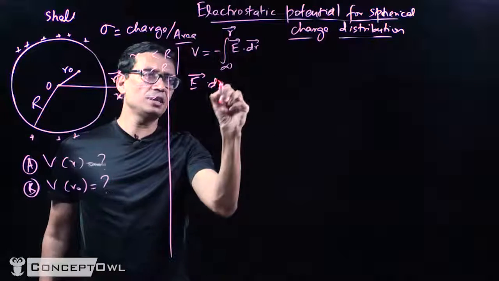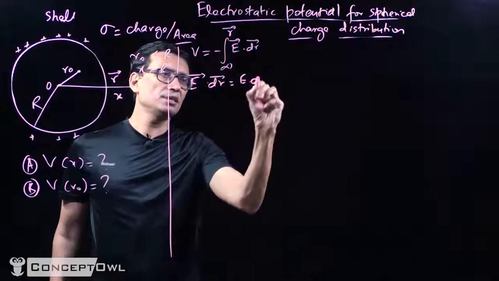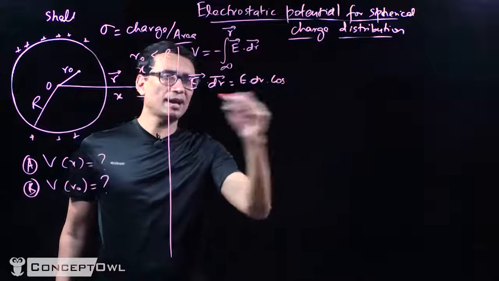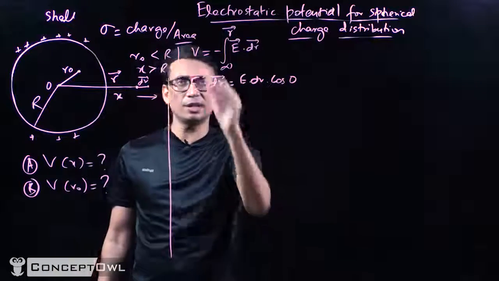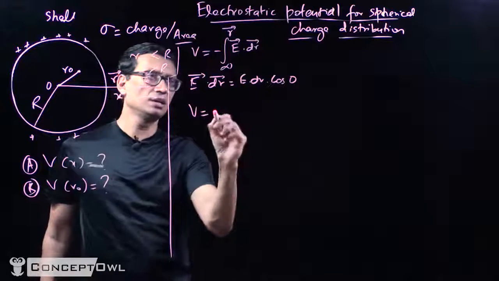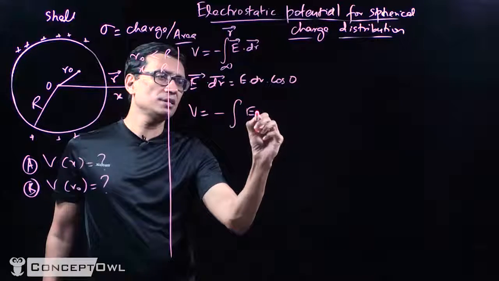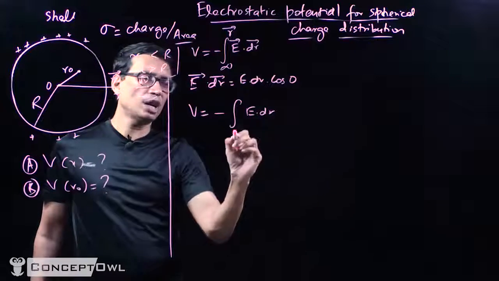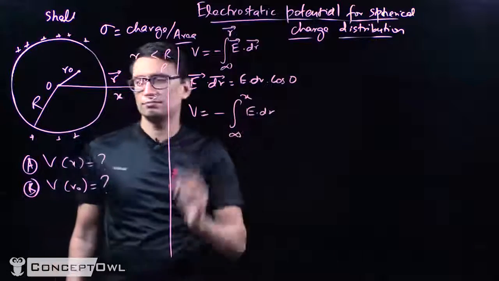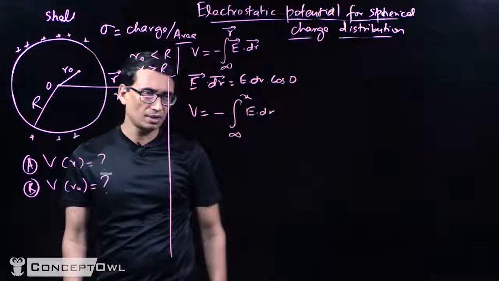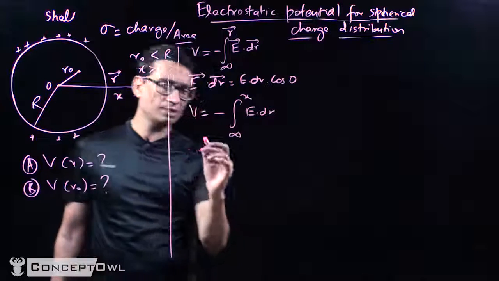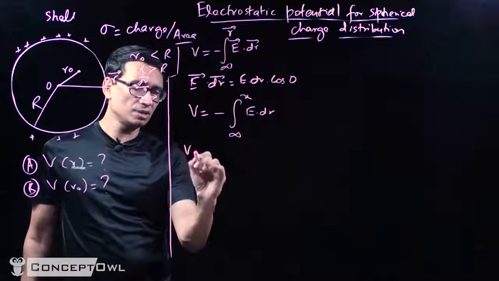E dot dr would be E times dr times cos of the angle between them, in this case cos of 0, which is E dr, and therefore my V will become nothing but minus the integral of E dr, where r will go from infinity to x.